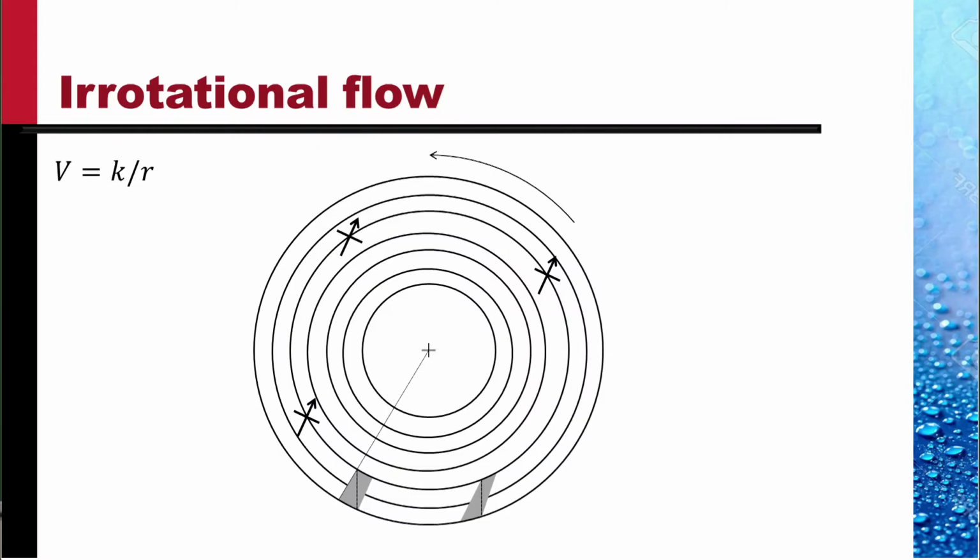A paddle wheel moving along the fluid path would not be rotating about its own axis, and so the flow is irrotational.